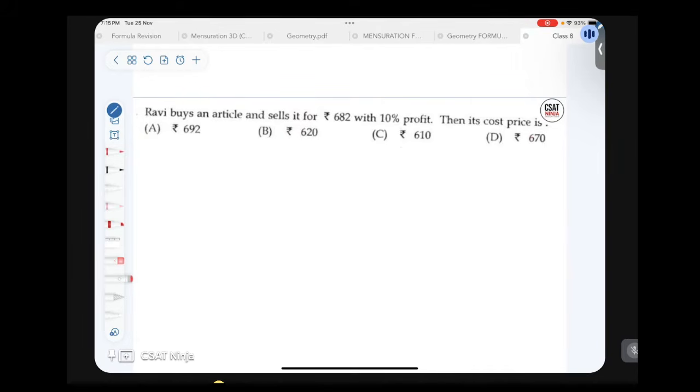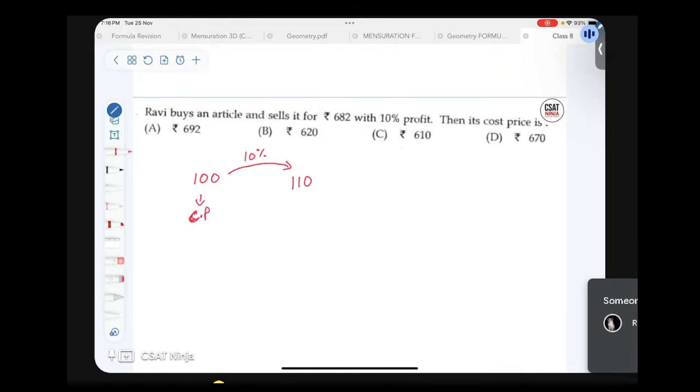Ravi is buying an article and sells it with 10% profit. Let's say the cost price was 100, and if there is a profit of 10%, now the selling price will be 110%. This one is the cost price, that means how much money you are buying with.